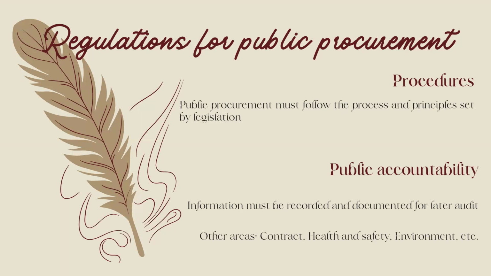Okay, that is public accountability. Public procurement should be responsible for publishing and disclosing the information to the public. But these two are not the only areas for regulations in the public sector.